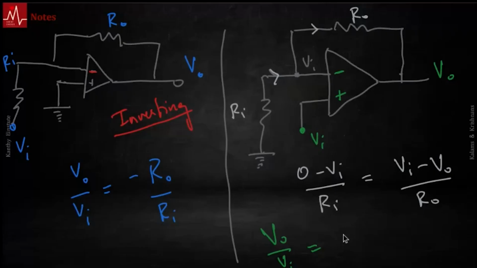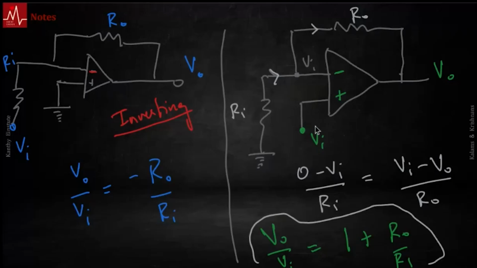This is going to be 1 plus R naught by RI, with a positive sign here. This is a non-inverting amplifier. So just in case they give the voltage to the non-inverting terminal, we also got that. So this is the non-inverting amplifier.